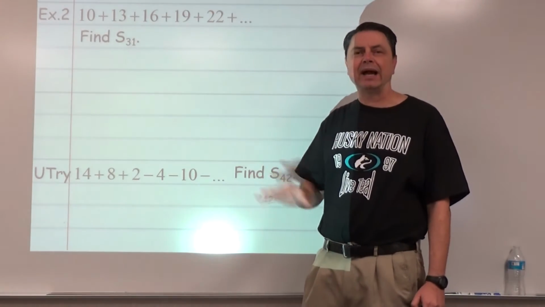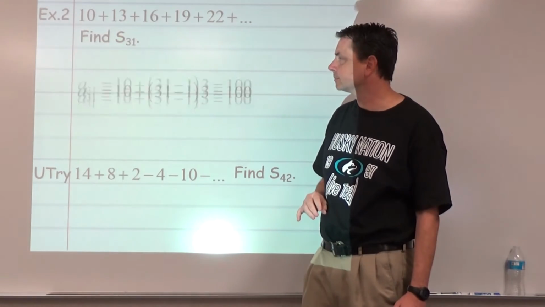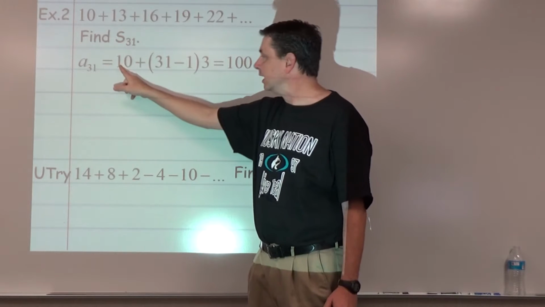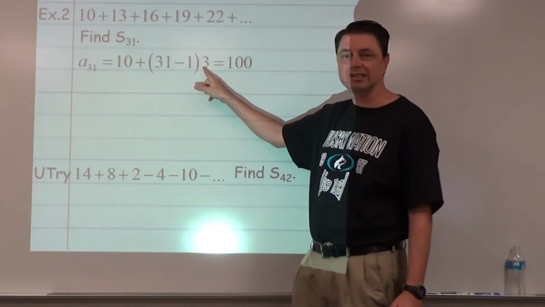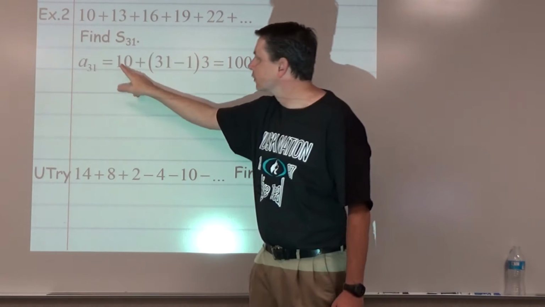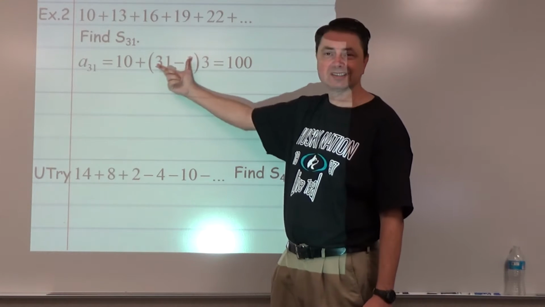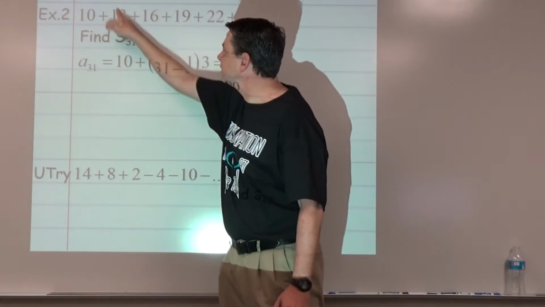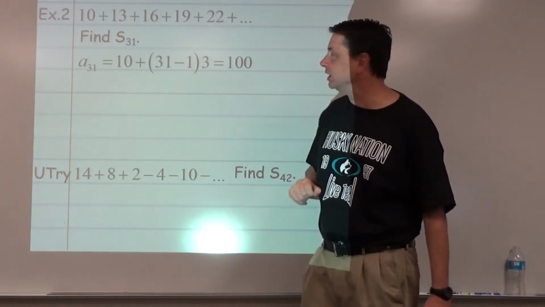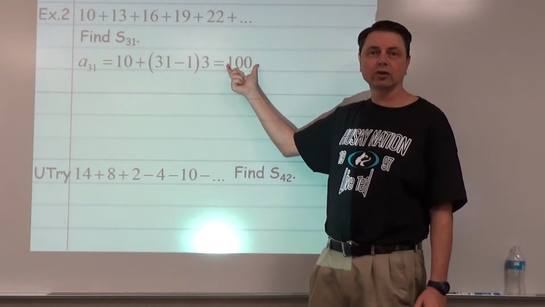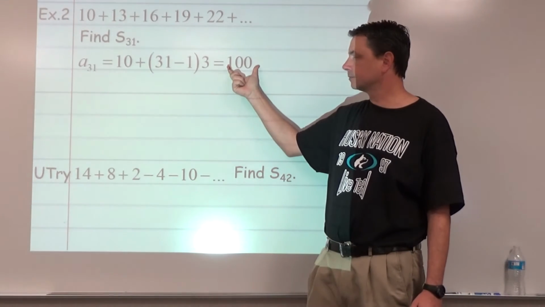So that takes us back to the 8.1 lesson, where we did a sub n is equal to a sub 1 plus n minus 1 times d. First term is 10. 31 minus 1 is going to be 30. Common difference, it's going up by 3 each time. If we make that calculation, we get that the 31st term is 100.